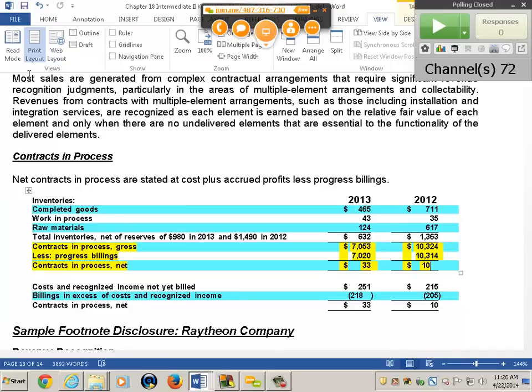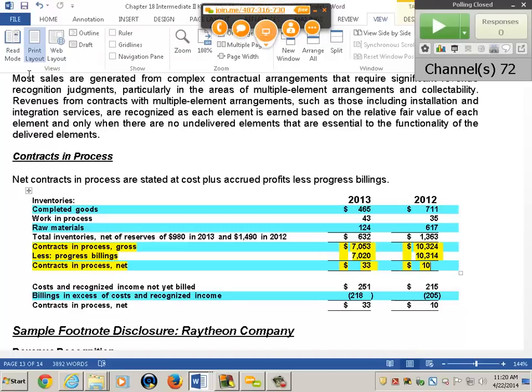So we're going to look at billings on CIP. So the entry to close out a contract would be to debit billings and credit the CIP account. Did that happen here? Yep. If you look at the billings account, it also went from 10 down to 7. Roughly.